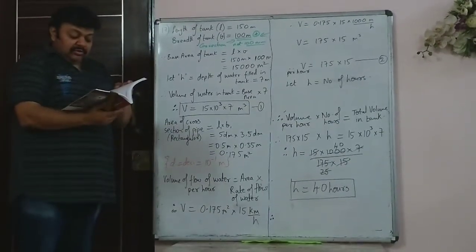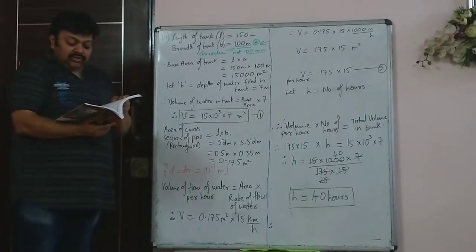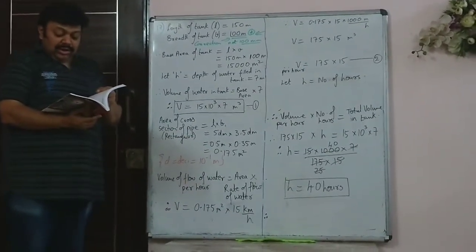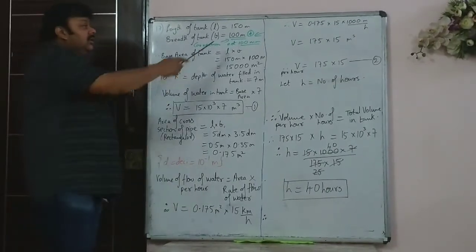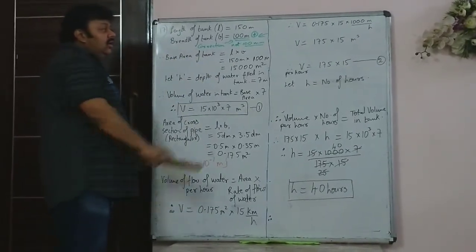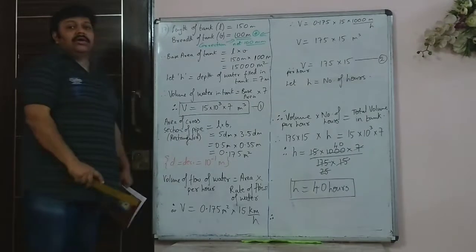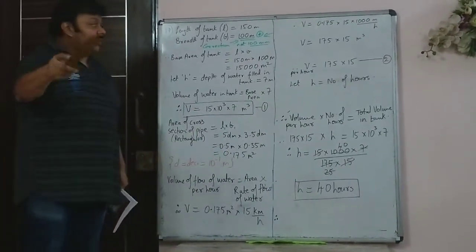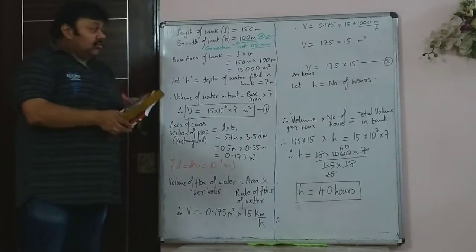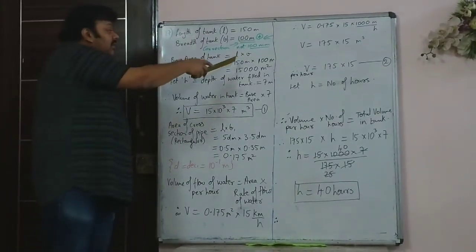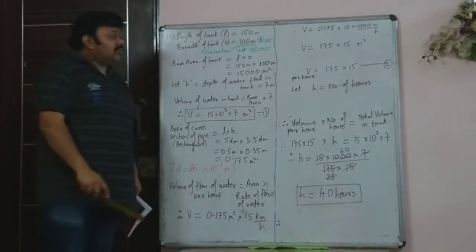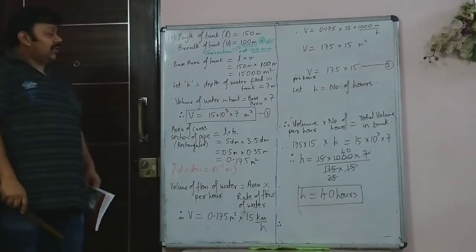So the 17th question, it is given water flows into a tank 150 meter long and 100 meter broad. Make that correction. It is not 100 mm, it is 100 meter broad. So it's a big tank, 150 meter by 100 meter. So the base area of the tank will be length into breadth. So that is 150 into 100 or 15 into 10 raised to 3 meters squared.